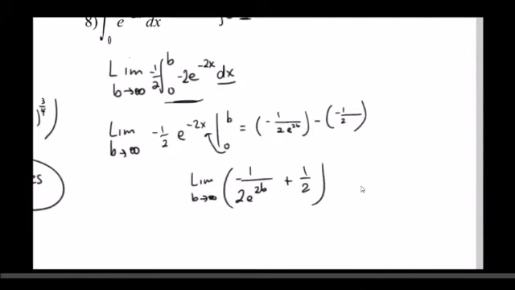plus 1/2. So what happens when that value of b gets larger and larger and larger? Well, it's an exponent, so e to a bigger exponent, one that's getting bigger and bigger and bigger, keeps getting bigger and bigger. So what's happening here is the numerator is staying fixed. It's going to stay negative 1, but the denominator keeps growing and growing and growing.